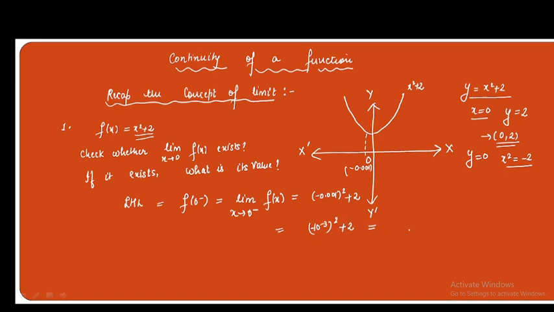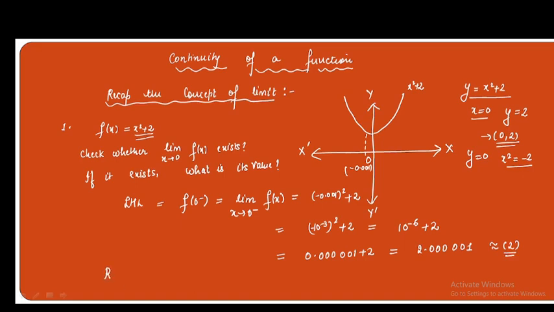Now when you square it, this minus will become positive, and this becomes 10 raised to the power minus 6 plus 2. Now how can you write this? 0.000001 plus 2, and this will be 2.000001, which is very close to 2.